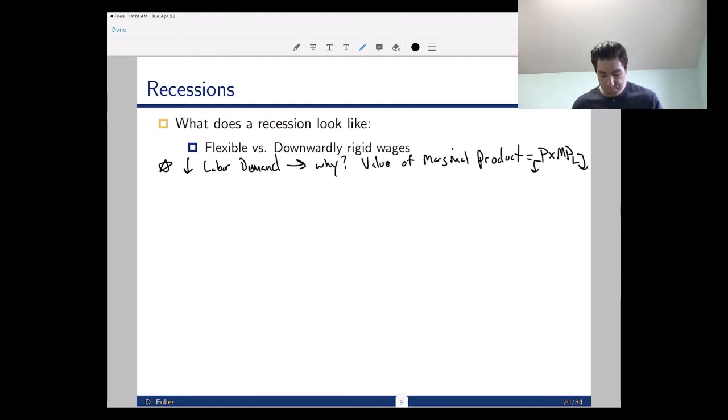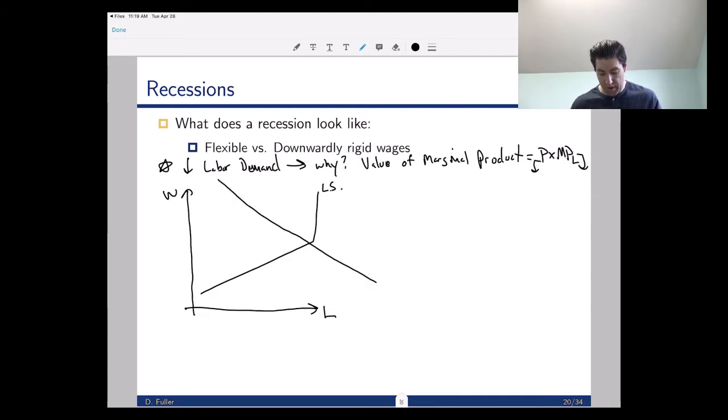Okay, so let's get into a description of a recession. I'm going to call L my labor, and W is my wage. So I have labor supply and I have labor demand. I'm going to start us off in a pretty good spot, where employment is pretty close to as high as it could be.